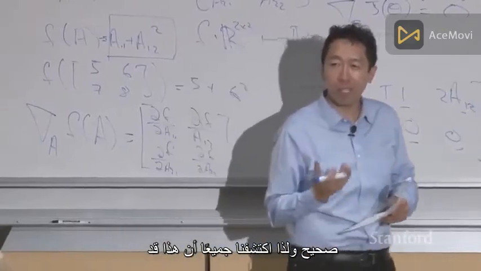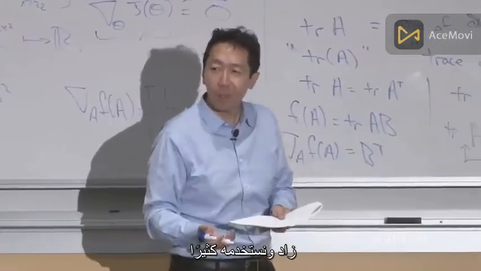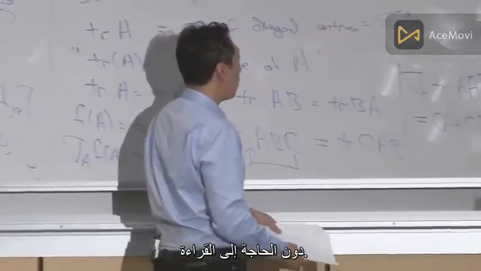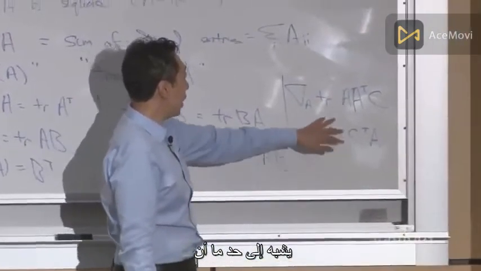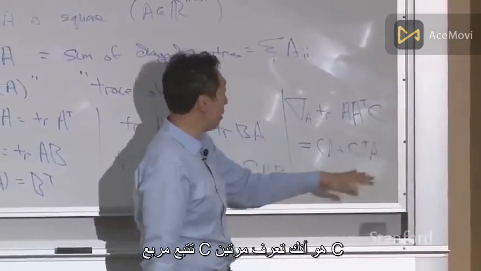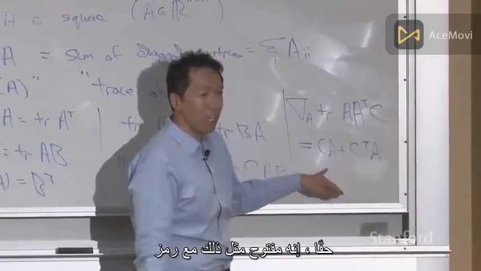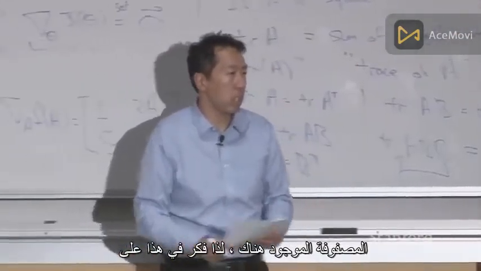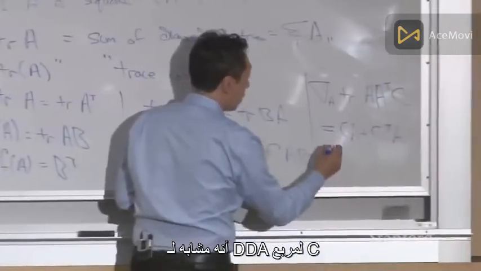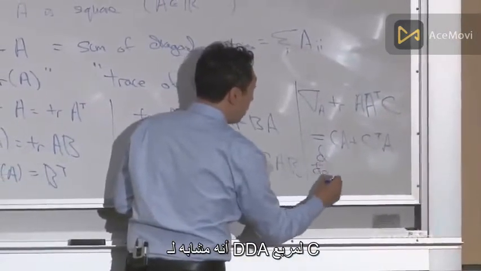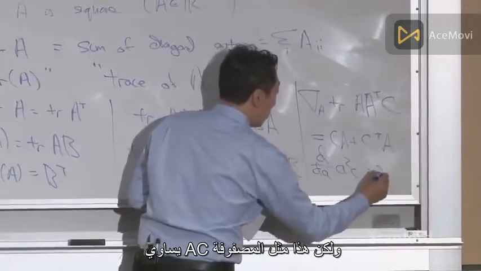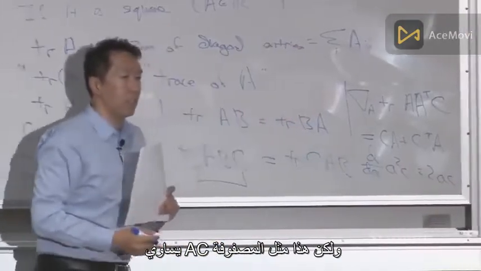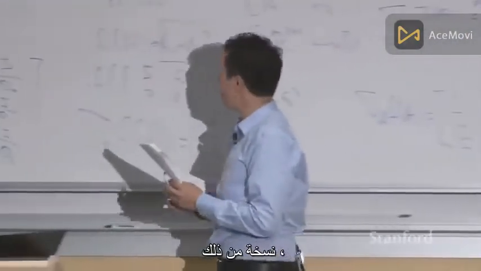We all figured out that rule and we just use it without having to rederive it every time. This is a little bit like that. The derivative of the trace of A squared C is 2 times CA. Think of this as analogous to the derivative d/dA of A squared C equals 2AC, but this is the matrix version of that.